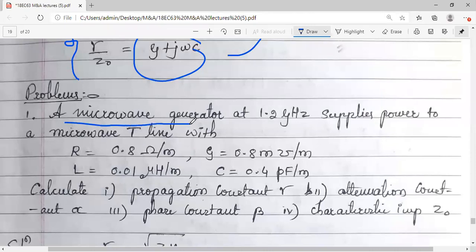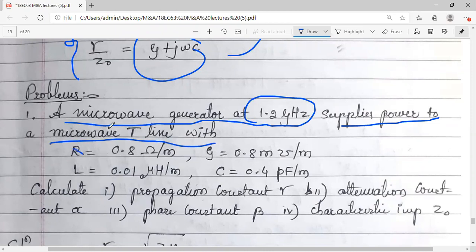A microwave generator at the frequency of 1.2 gigahertz supplies power to a microwave transmission line with R, G, L and C parameters given to you. Some values are there, 0.8, 0.8, 0.01 micro Henry, and G is in mho. Capacitance is in pico.